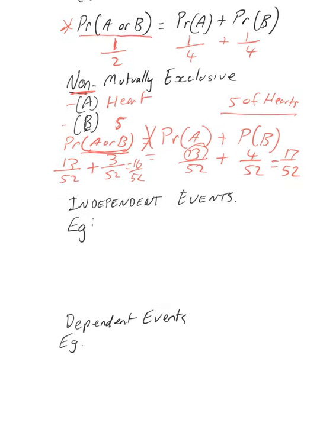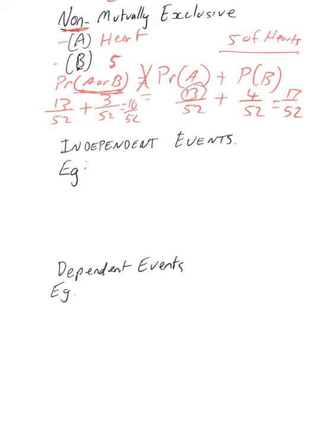Okay, now let's look at independent events. In the last lesson we were looking at two-step experiments, when they had with replacement and without replacement. I think this is a good place to start with these ones, and we can see why. So a good example of an independent event is a two-step experiment with replacement.